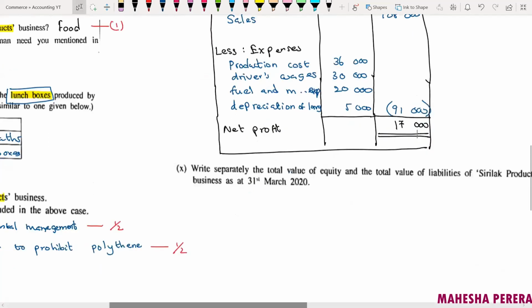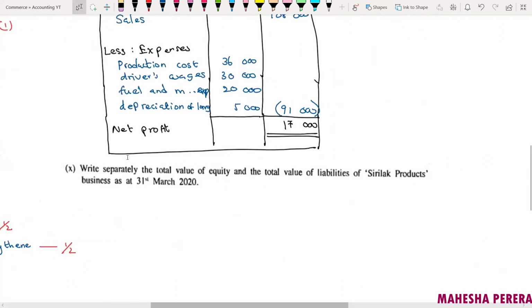Okay, now it's the last question. Write separately the total value of equity and the total value of liabilities. So you need to find two values here. Let's write total equity equals.